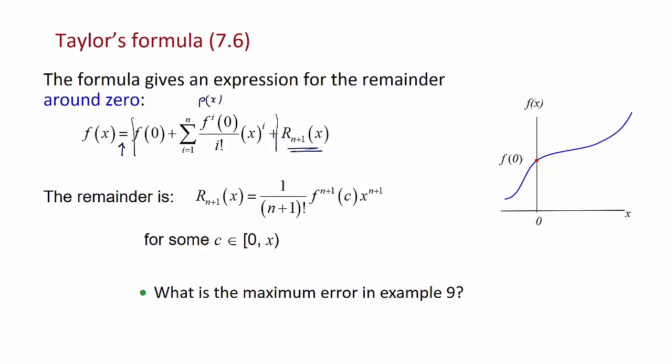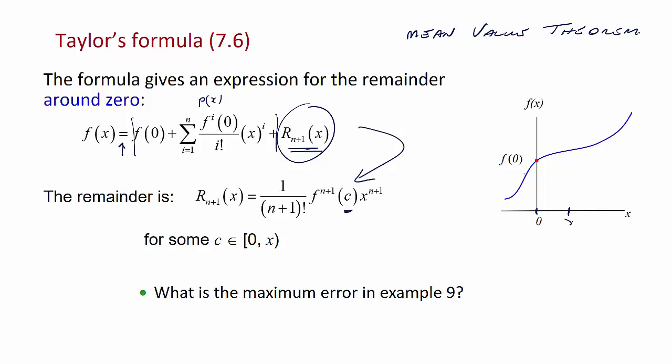Now it can be shown using the mean value theorem that this remainder is actually equal to this function here. We have this extra variable in our remainder formula, c, and it's some value between 0, which is the value we're taking the approximation around, and x.